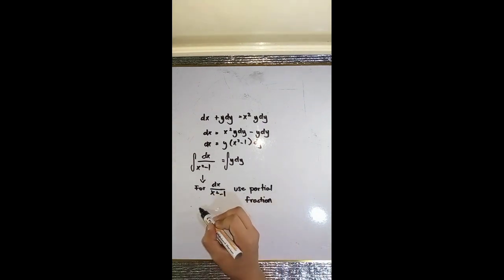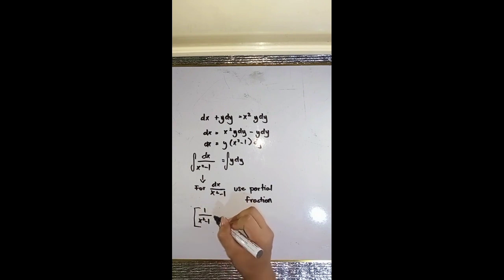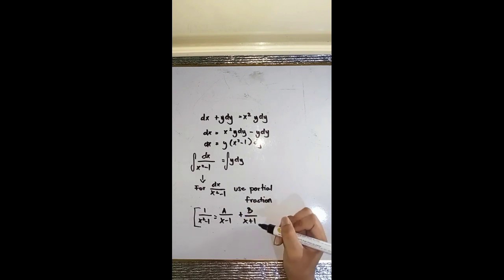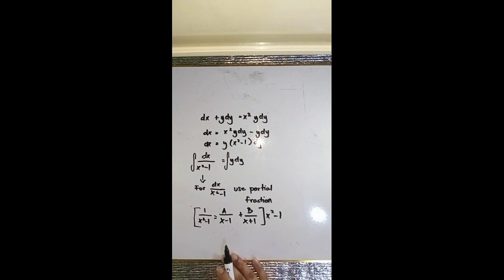The general standard form of the partial fraction will be 1 over x squared minus 1 equals a over x minus 1 plus b over x plus 1, multiplied by x squared minus 1. So we'll be using this standard form in order to get the partial fraction of dx over x squared minus 1.